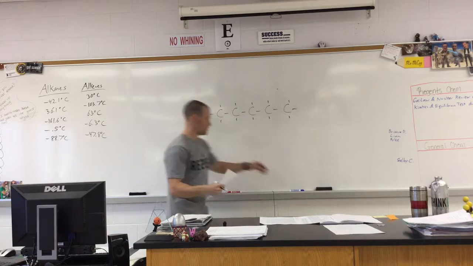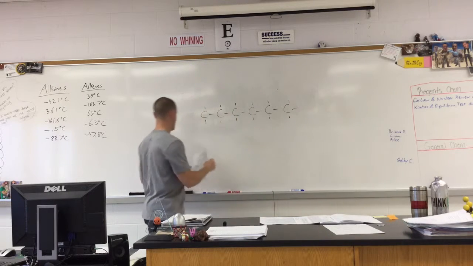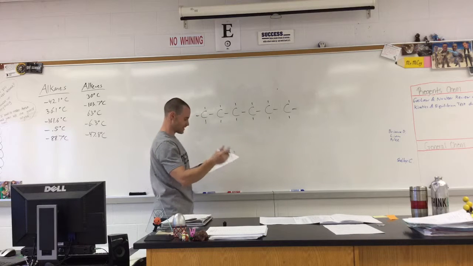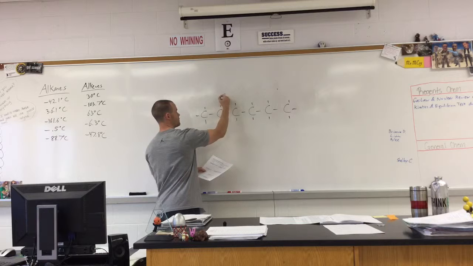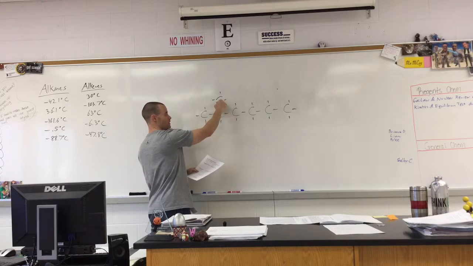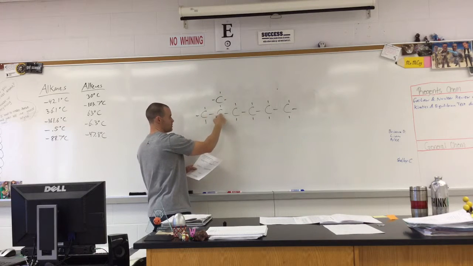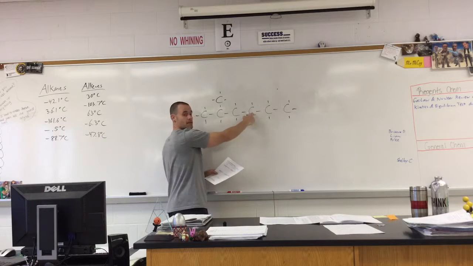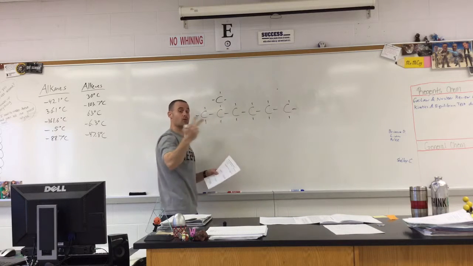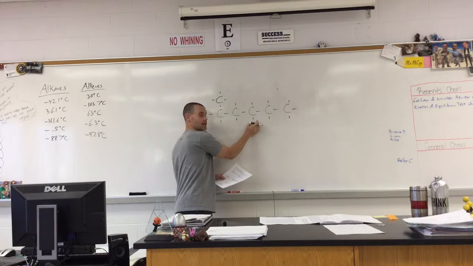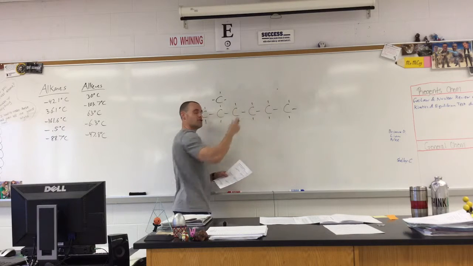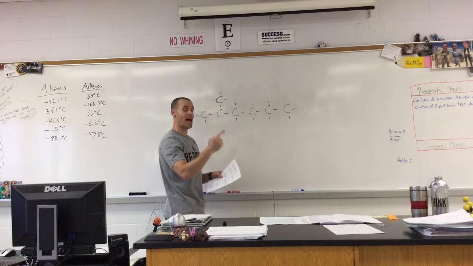Okay, that one's kind of messy. So you can do that. So that's hexane. 2-methyl, 1, 2. So I have a CH3 here, that's a methyl. And then 4-ethyl, 1, 2, 3, 4. So off of this, there's an ethyl group, which means 2 carbons connected to each other. We don't want to put 1 C here and 1 C here, because that's 2 methyl groups. We want 1 ethyl.